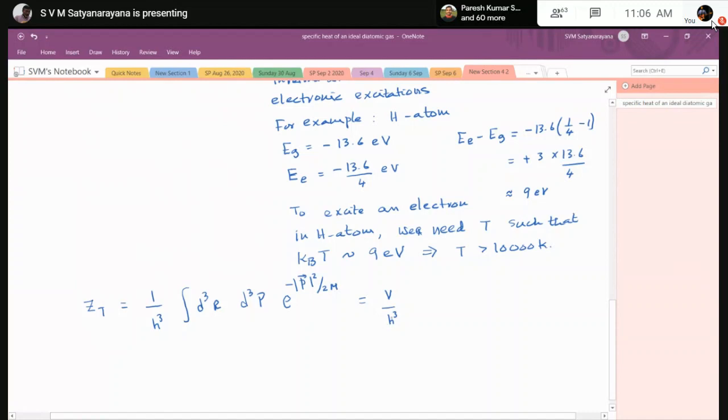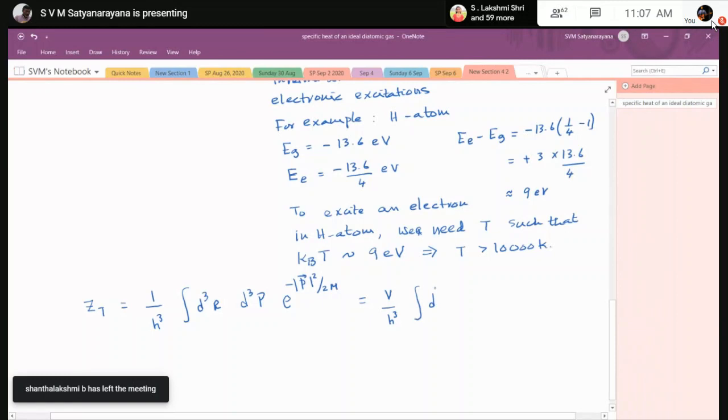And then you have this integral over d3p, which I can write simply as integral over p into e to the, of course there is a beta here.